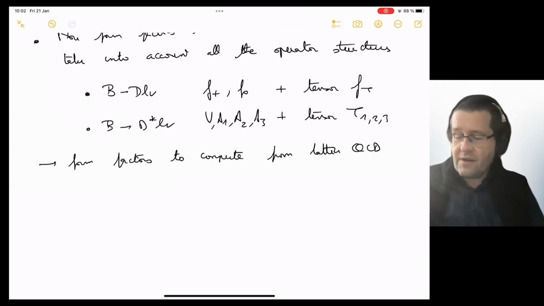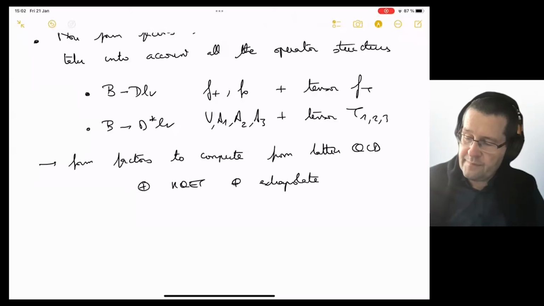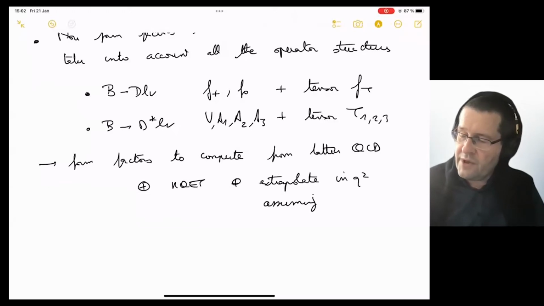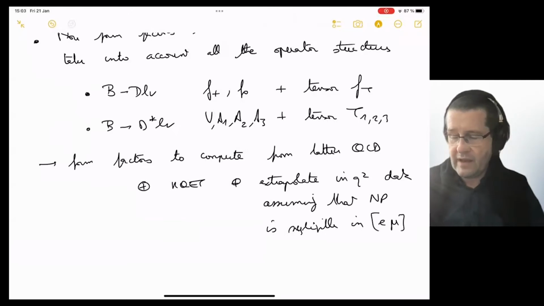Actually, it turns out that it's a bit complicated to have, for the moment, completely accurate information on this. So you have generally to combine that with information from HQET, and then to extrapolate in Q square from the data, assuming that new physics is negligible in electrons and muons.